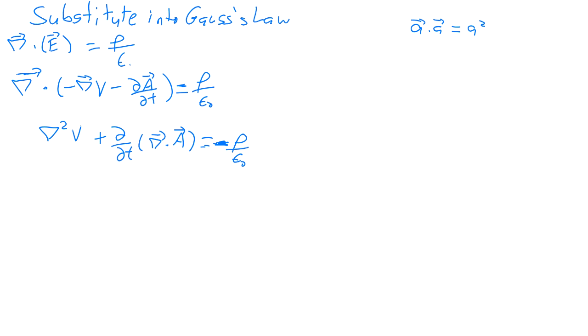The del operator is x hat d dx of whatever's going to come later, plus y hat d dy, plus z hat d dz. When you take the dot product with itself, you get d dx squared plus d dy squared plus d dz squared. So it's d squared dx squared plus d squared dy squared plus d squared dz squared, and that's the Laplacian.